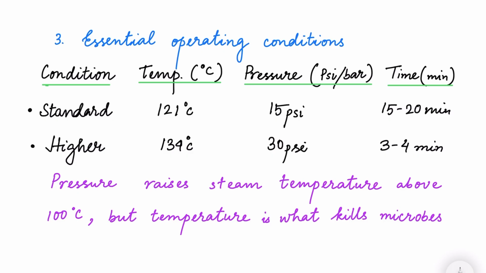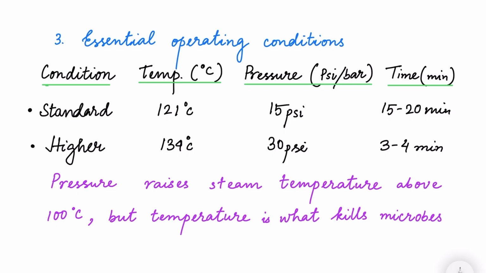Under standard conditions, sterilization is carried out at 121 degrees Celsius under a pressure of 15 psi for about 15 to 20 minutes. In situations where higher temperatures are used, sterilization can be achieved at 134 degrees Celsius with 30 psi pressure in a much shorter time, usually 3 to 4 minutes.